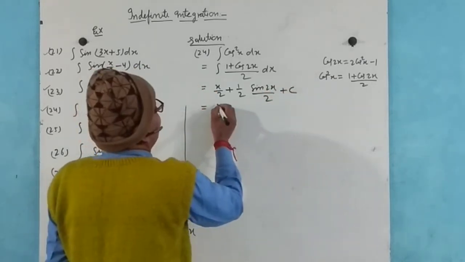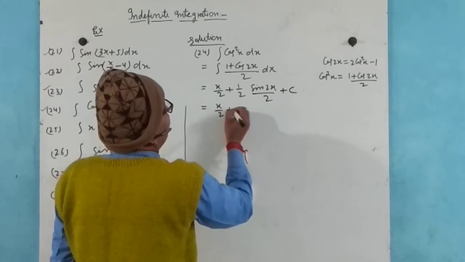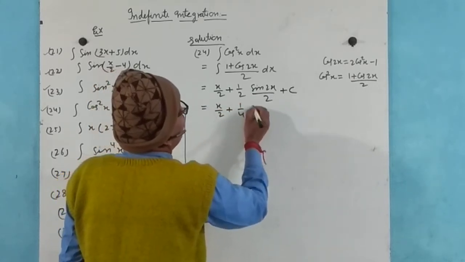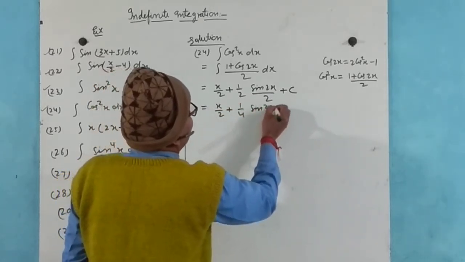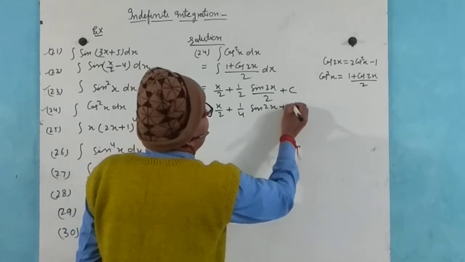This can be written as x by 2 plus 1 by 4 sin 2x plus c.